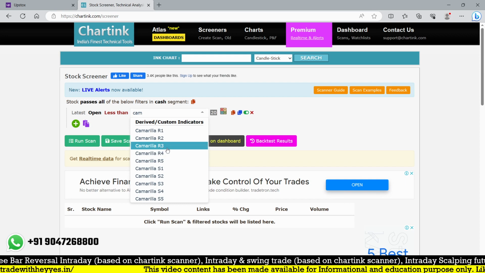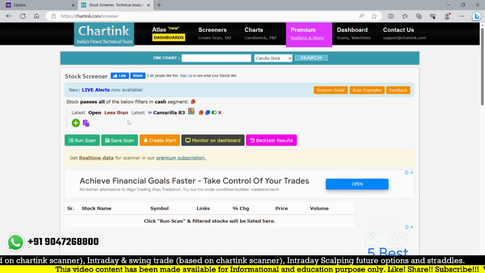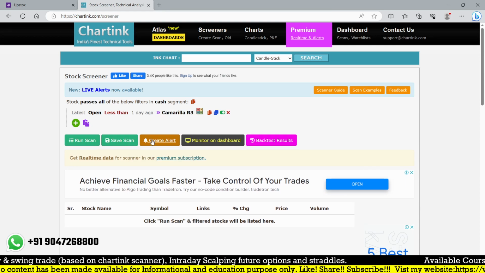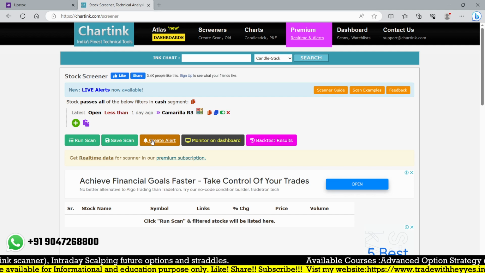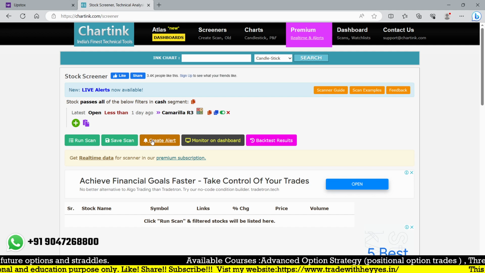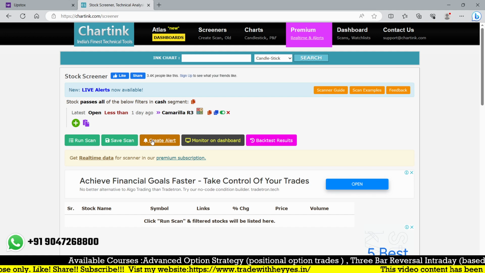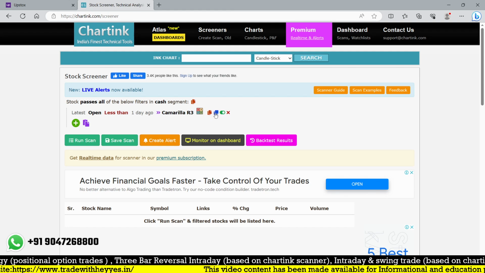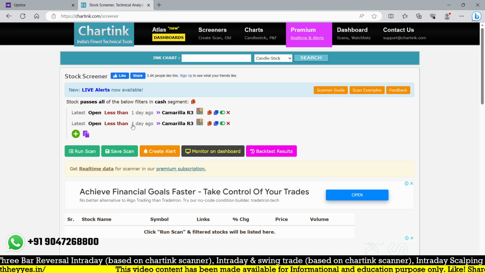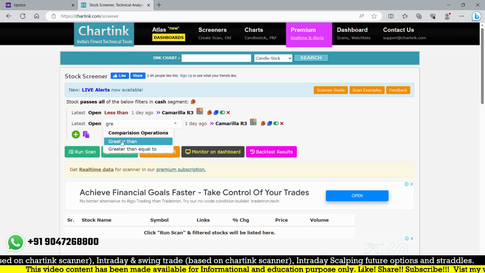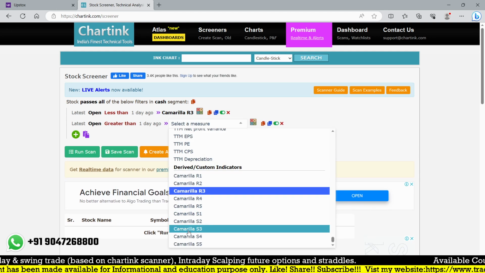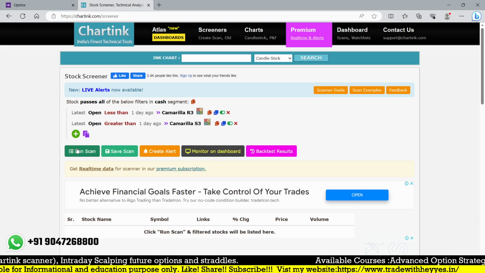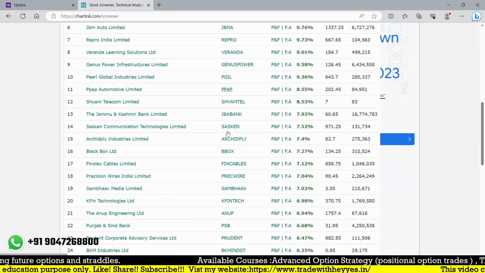Here we are going to use 1 day ago R3, because to do the backtest, if you want stocks for tomorrow, we are calculating with the latest open, so you need to use 1 day ago. In the same way, we add one more condition: it must be greater than L3, support 3.